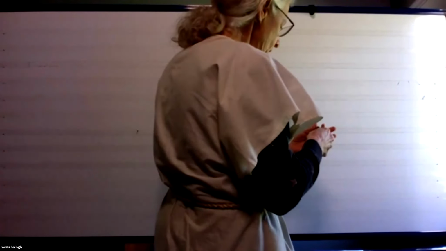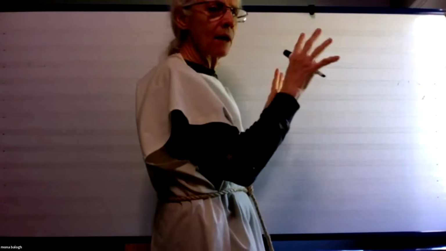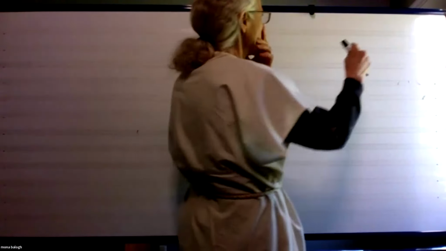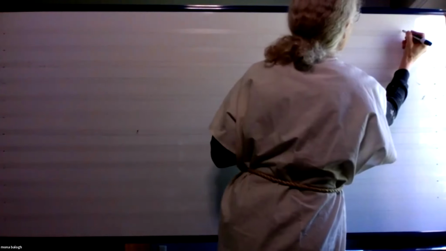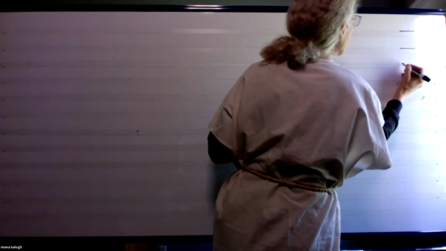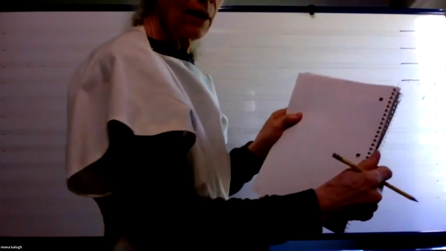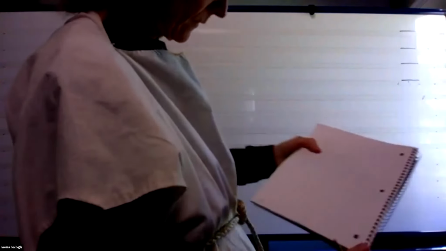So what we're going to do, we're starting from the right side, and we're going to bracket off 4 lines. 1, 2, 3, 4. So on your worksheet or your notebook, you'll mark off 1, 2, 3, 4.